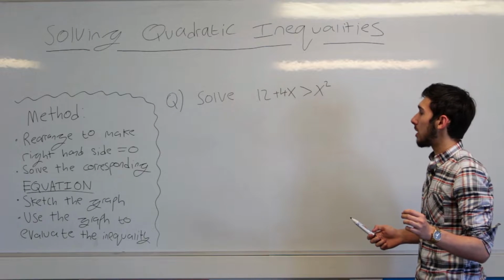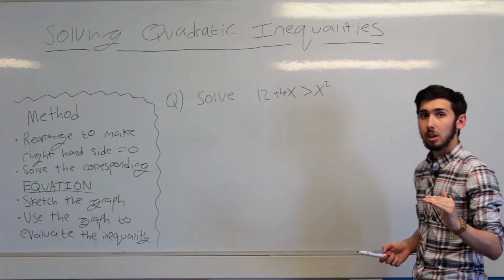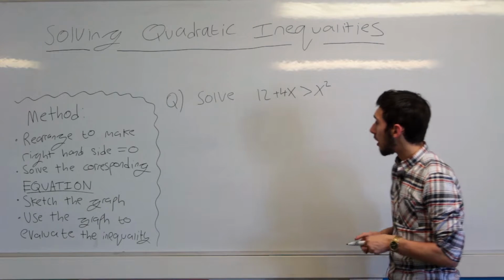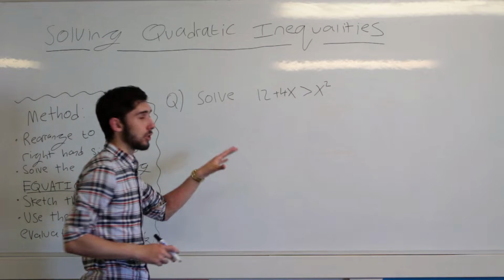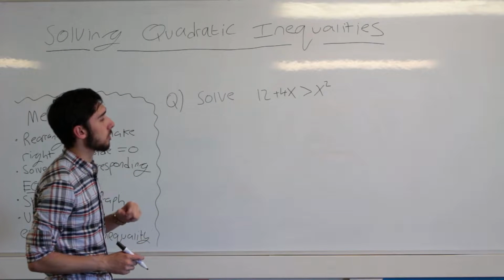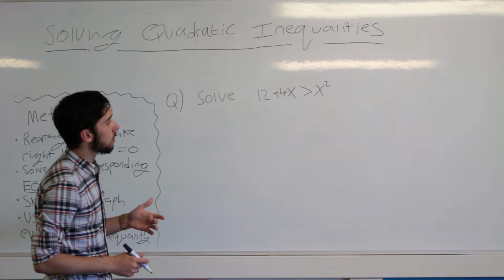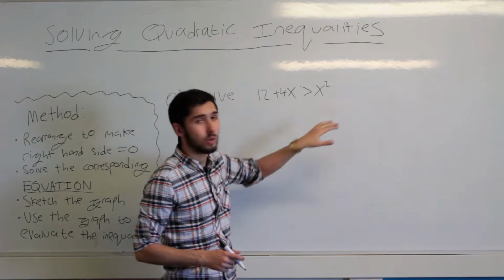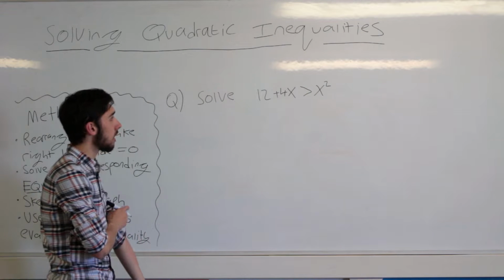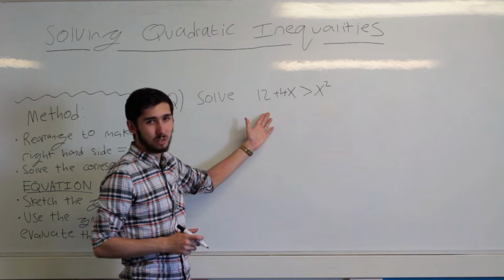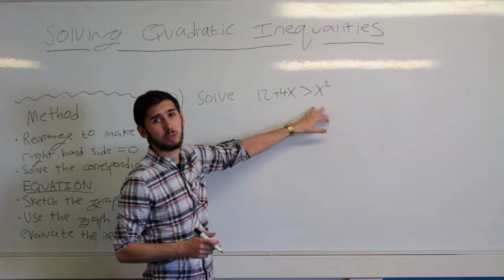Now, here's something that's crazy, and you will not be deducted marks for this in an exam, just to be very clear. Let's just do the first step, okay? So how do we get one of the sides equal to 0? There's two ways you can do it. You can either get everything on the left-hand side, or everything on the right-hand side. It actually doesn't matter which way around you do it. I am going to take everything onto the left-hand side just so that we have a 0 on this side, okay?